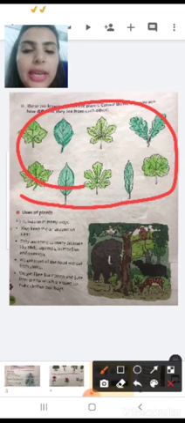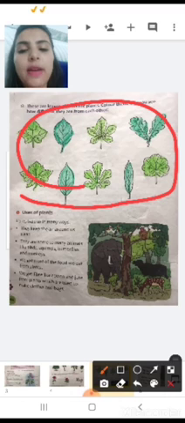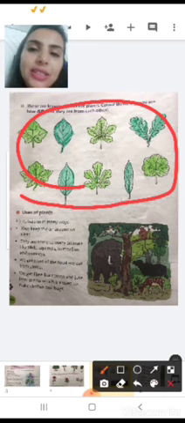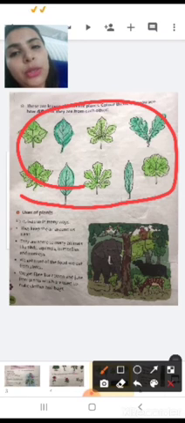Next, we get most of the food we eat from plants. Next, we get fiber like cotton and jute from plants, which are used to make clothes and bags. So basically there are multiple uses of plants.